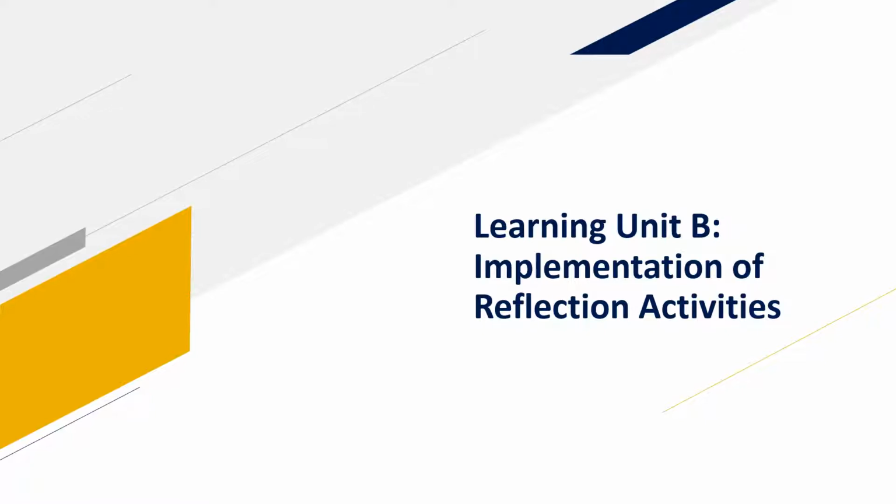Learning Unit B, Implementation of Reflection Activities. This learning unit is divided in 10 subunits, where each subunit corresponds to a different example of reflection activity. They are: 1. Reflexive sketches, 2. The snowball, 3. Critical incident journal, 4.